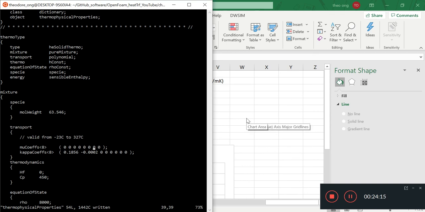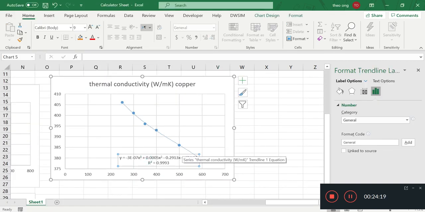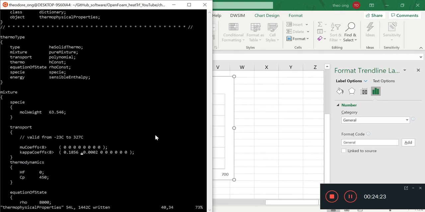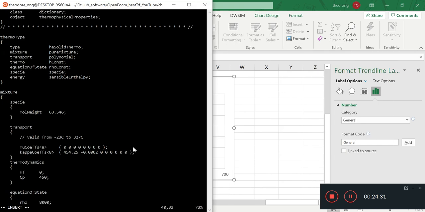Now the important thing is kappa. Kappa, which is the thermal conductivity, is here. So, okay, let's put this in. 454.25 minus 0.2913.